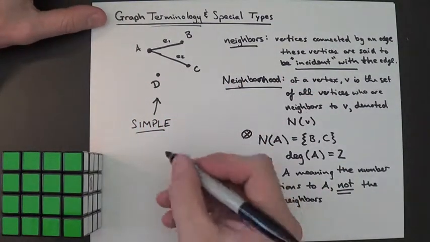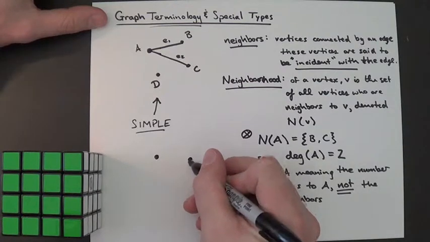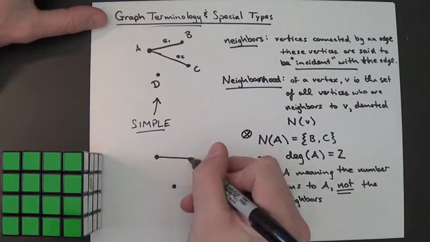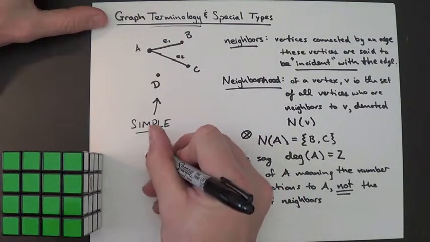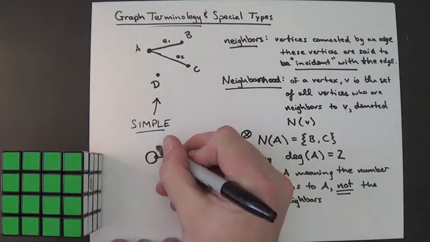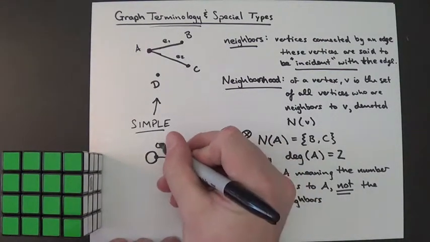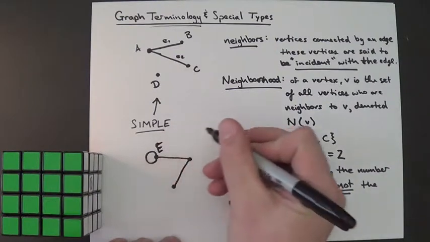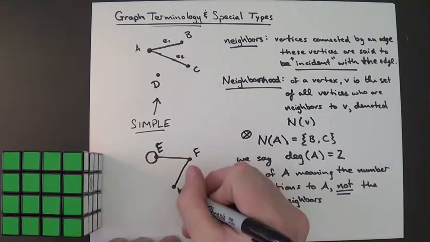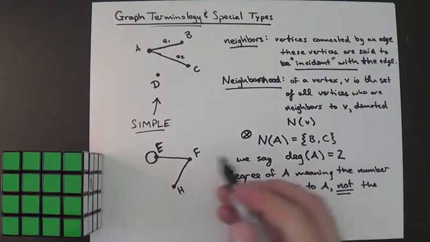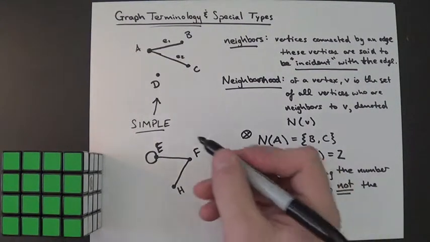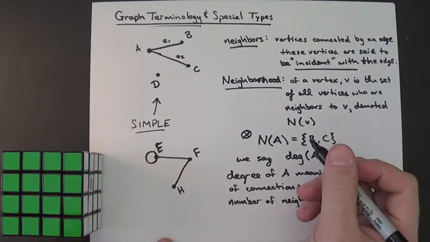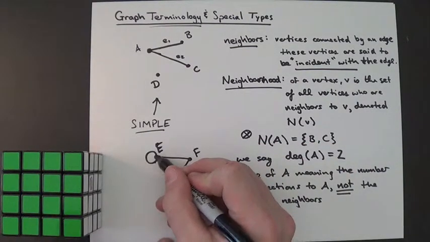It is possible to have a graph with a loop in it, like this. In which I have, let's say, O, E, F, and H, with 3 edges as well as 3 vertices. And this loop is going to count twice. So this is 1 connection, 2 connection.